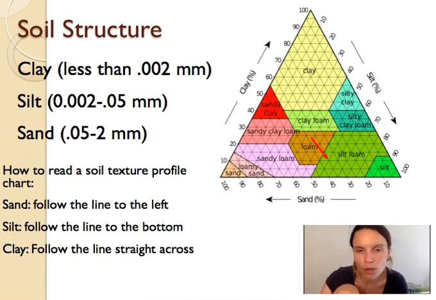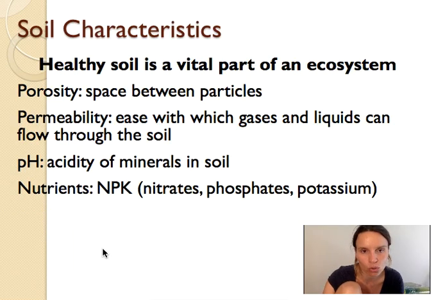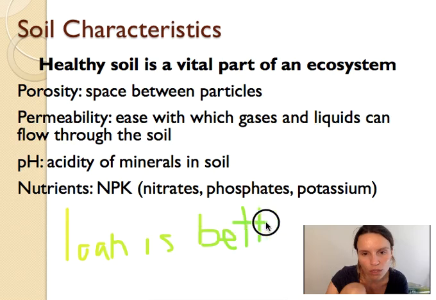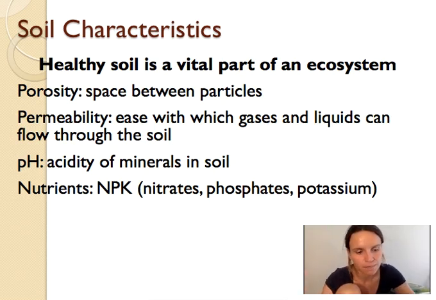But overall, when we look at food production, we say that loam is the best soil in terms of all these characteristics. So loam is best. And this will be significant in your homework questions. So keep that in mind.